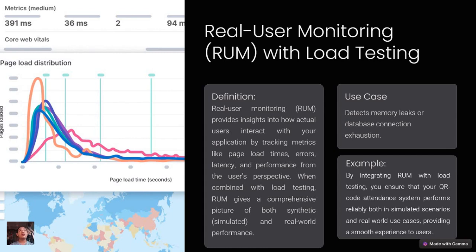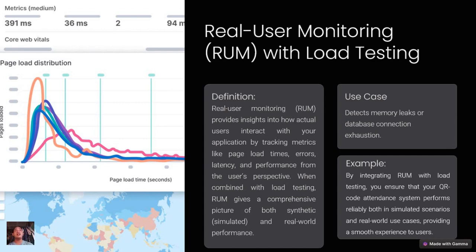So real user monitoring, or RUM, provides insight into how actual users interact with the application by tracking metrics like page load time, error, latency, and performance from the user perspective.